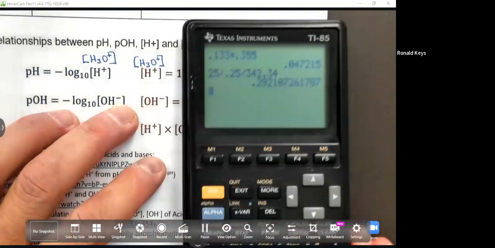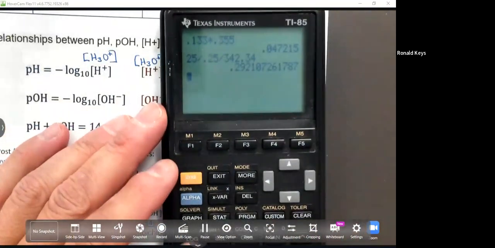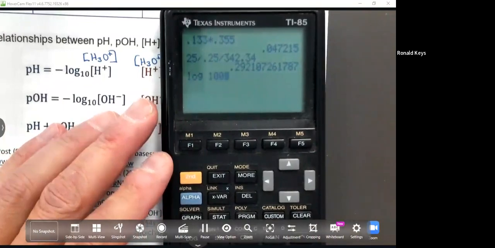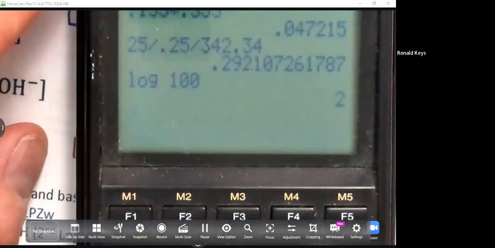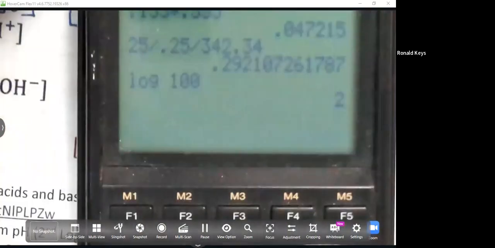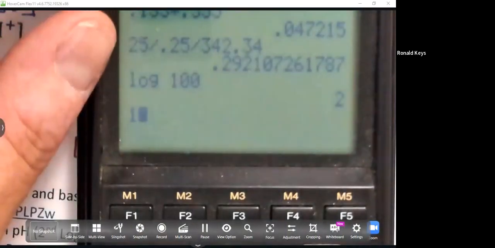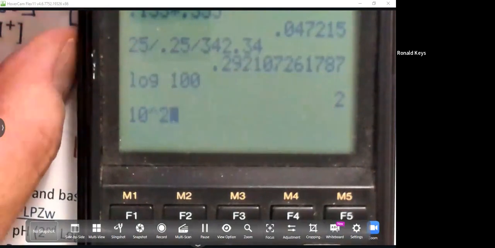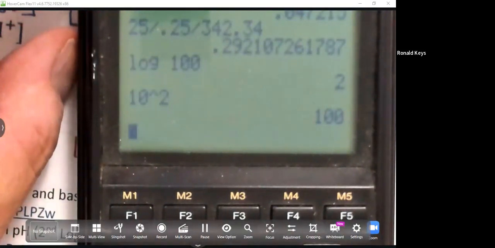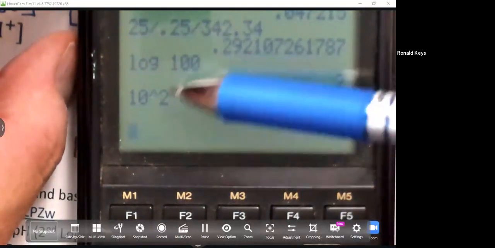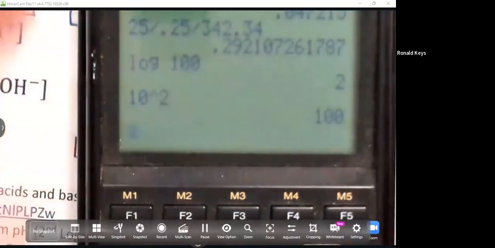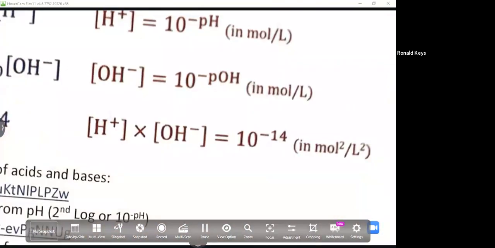So if we go back to the log of 100, that log of 100 is going to get me 2. If I wanted to get 100 back, 10 caret 2, I get my 100 back, right? So the inverse of log is to raise 10 to that power to get that back.